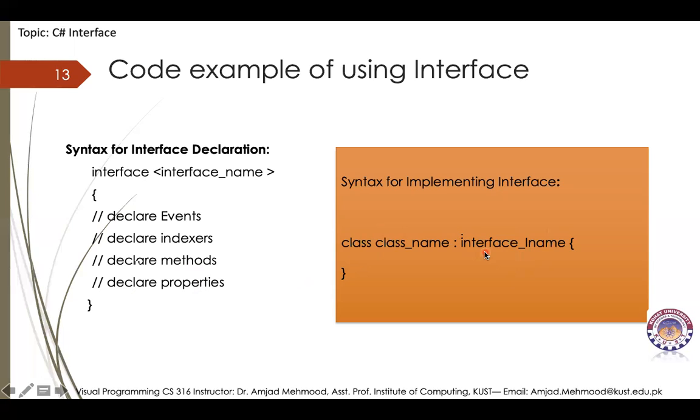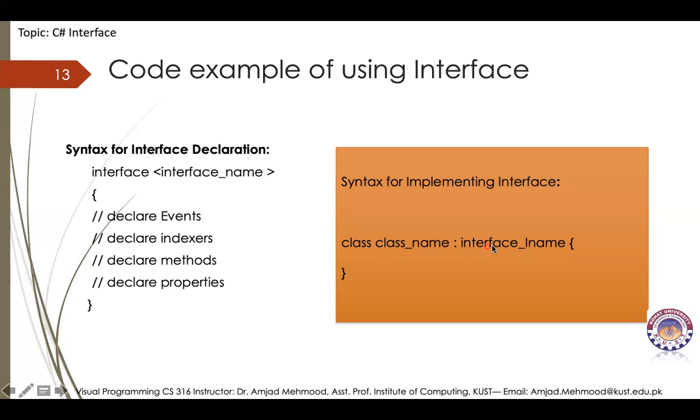One thing to remember: if you have an abstract class, the class will extend its parent class. And when you have interfaces, if one interface is extending another interface, we call this extending interfaces. I'll explain that later.